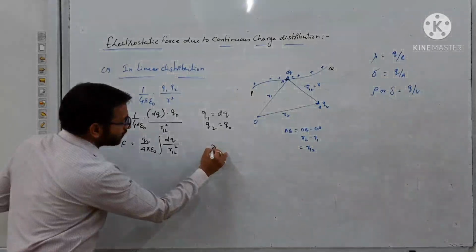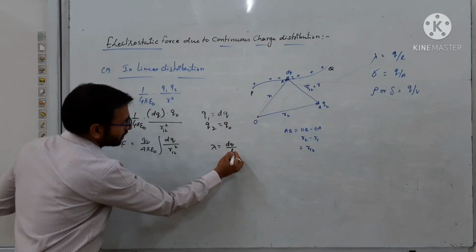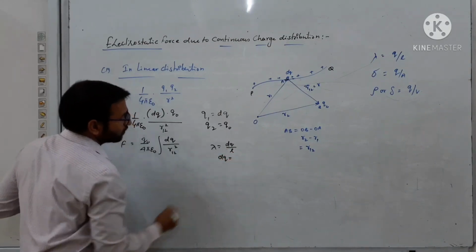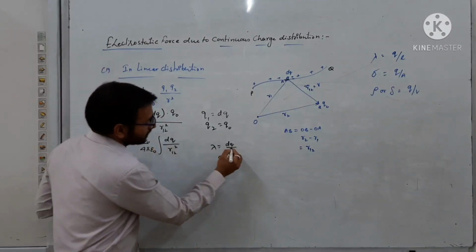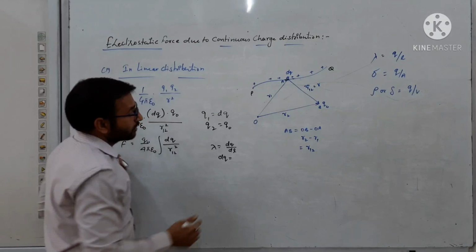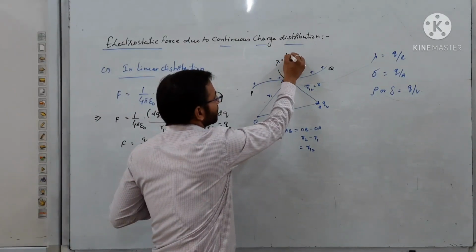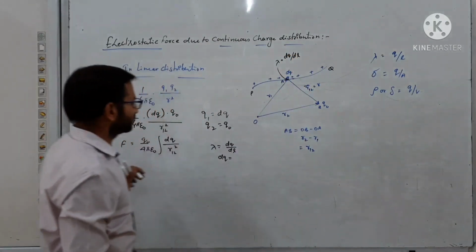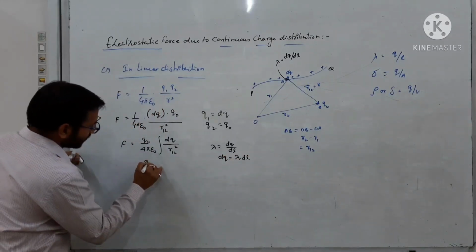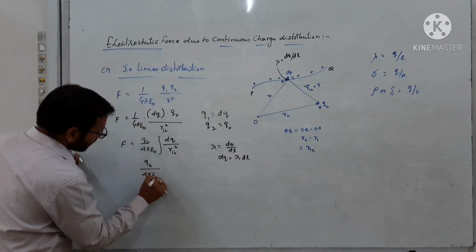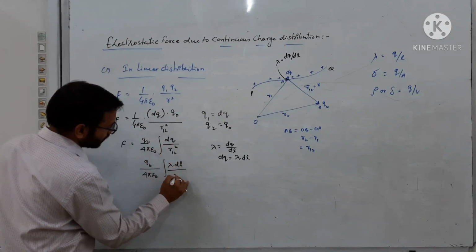Now the value of lambda, as we know, is dq upon dl, because here we are using integration, for this length I am using the formula lambda equals dq upon dl. So dq is equal to lambda into dl.